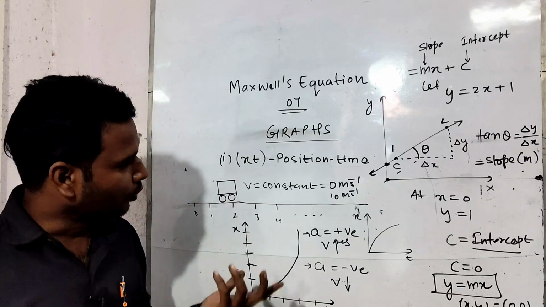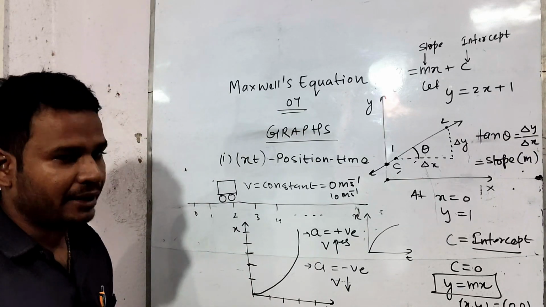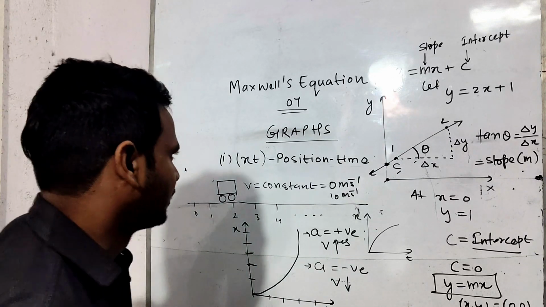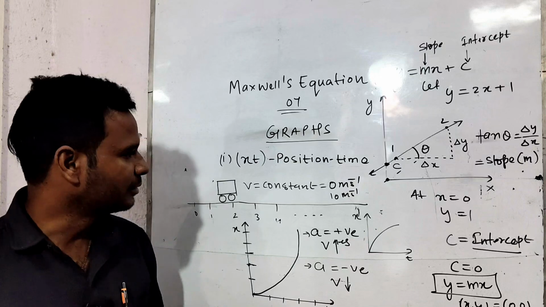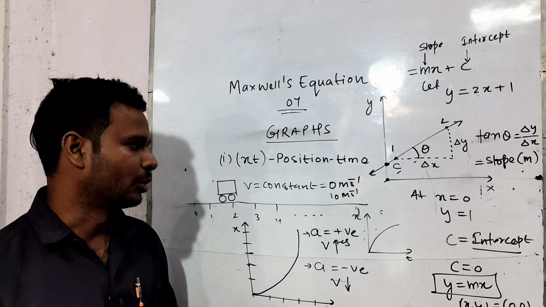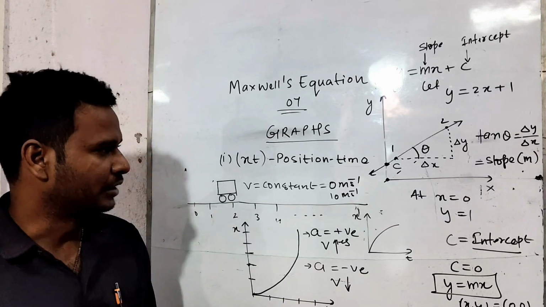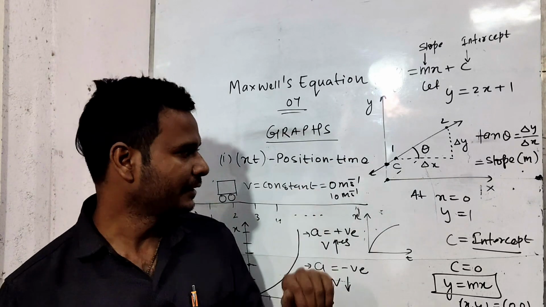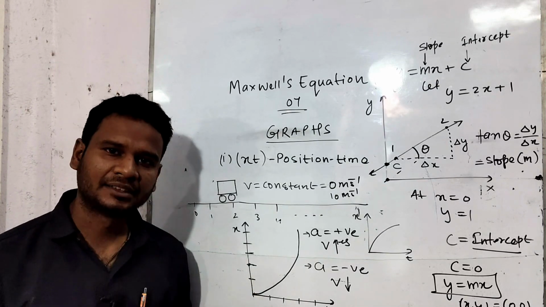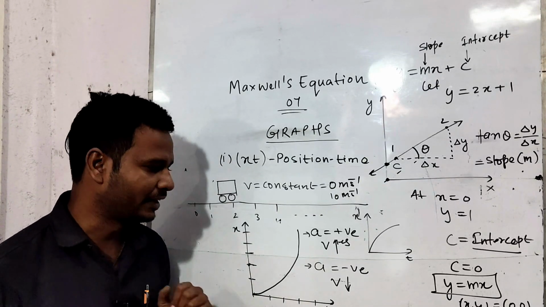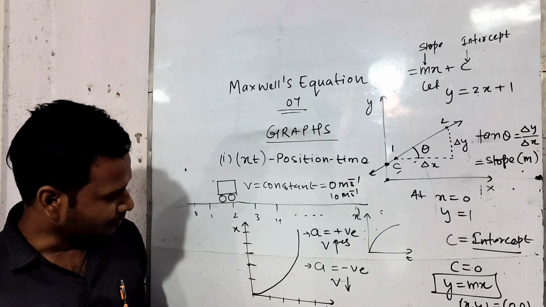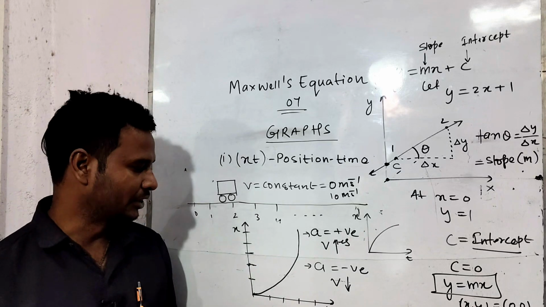So what is the conclusion? You can encounter two kinds of motion when dealing with straight line motion. Whether the motion is constant, which could also be zero or some constant value, then the graph is a straight line. And if the motion is accelerated, positive acceleration or negative acceleration, then the graph is parabolic in nature.